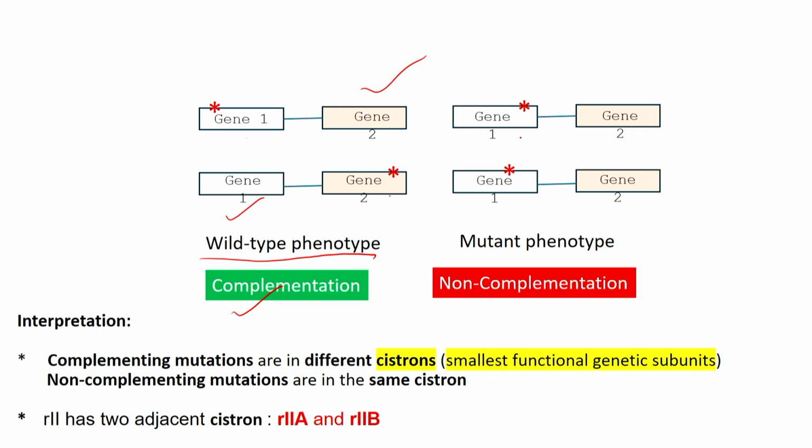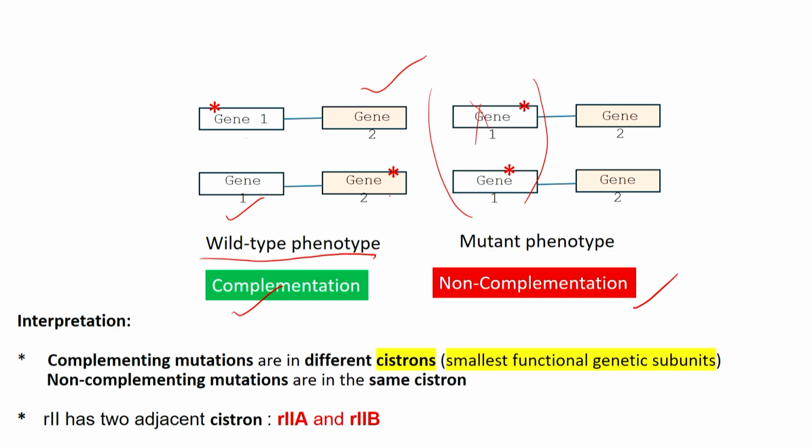And if you have both the mutations in the same gene, very close place maybe, then actually you have non-functional gene 1 altogether. None of the copy is providing this product that we need from the gene 1, and then they are non-complemented. So complementing mutations are in different cistrons.